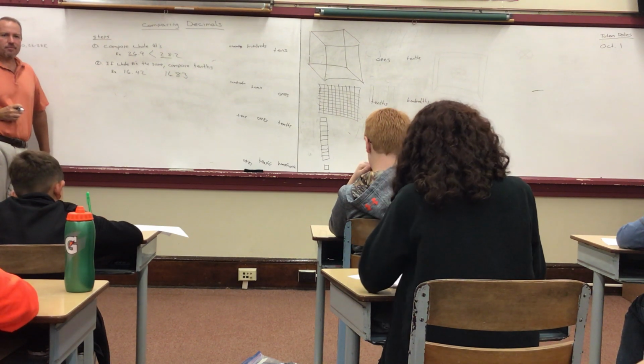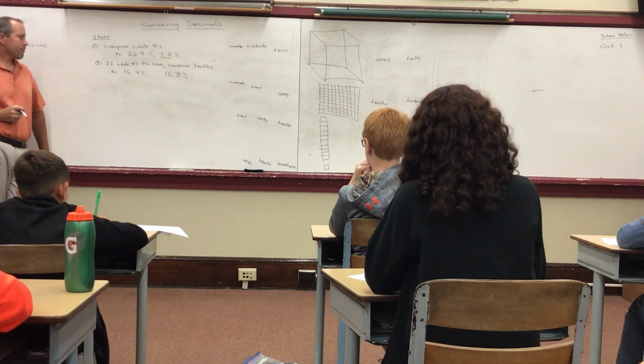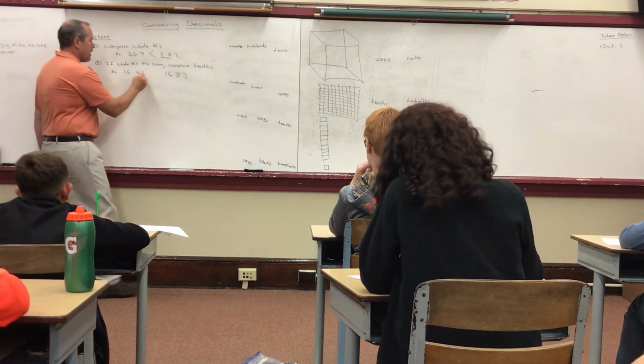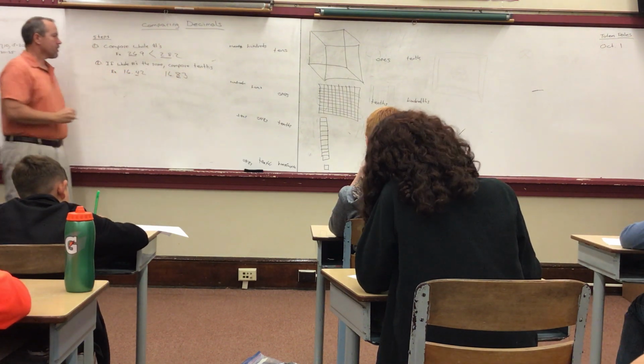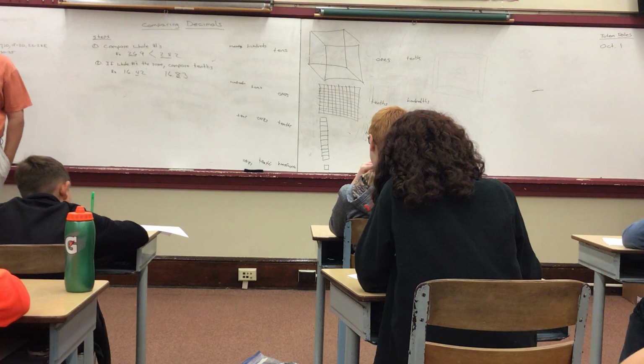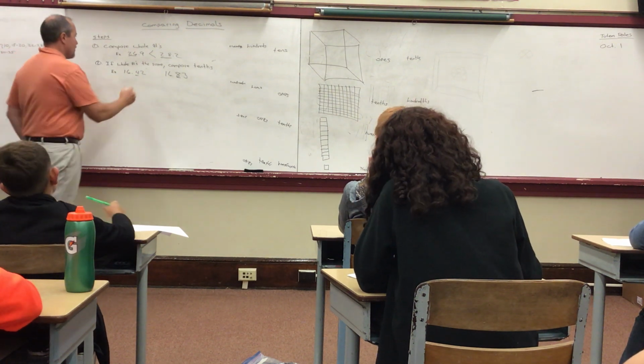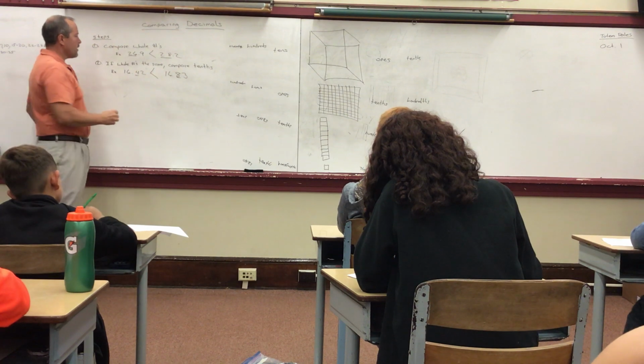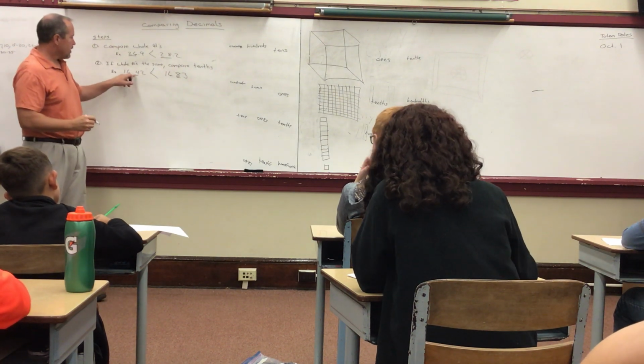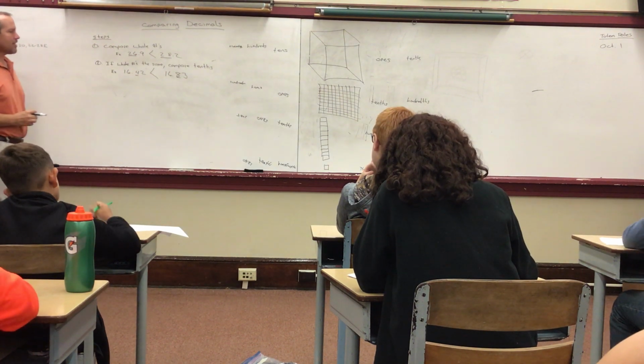They're the same. So now we're going to compare the tenths. We have a 4 and an 8. Which one's bigger, the 4 or the 8? Obviously, the 8. And so because the 4 is smaller than the 8, the 16 and 4200 is less than the 16 and 8300.